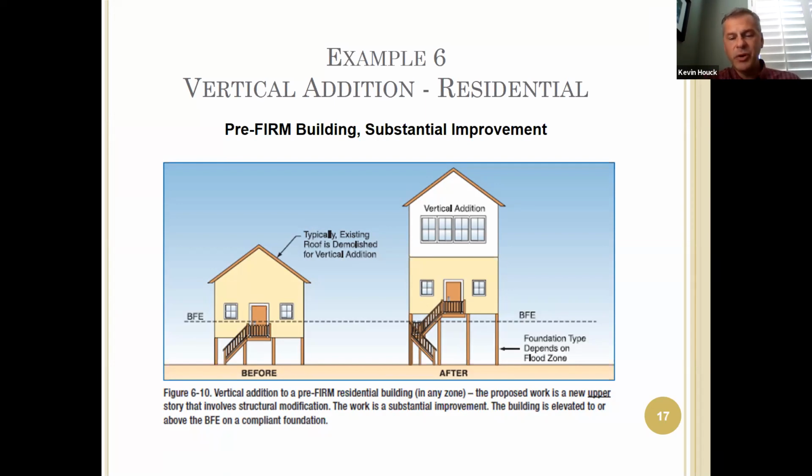So what they need to do, in addition to actually building the vertical addition itself, is they have to increase the length of those piles so that the original building is above the base flood elevation itself. And you can see that on the right. So they've basically increased the height and brought it up into compliance with current standards.